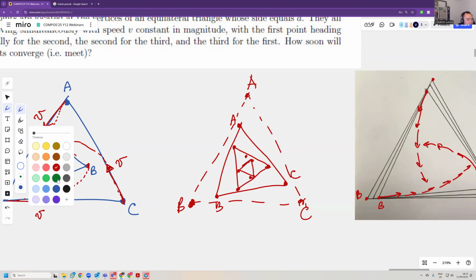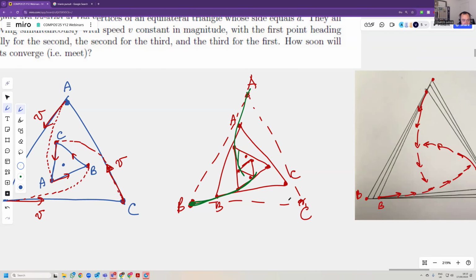And if you draw the line, B is spiraling. You can see this is the curve followed by B. This is the curve followed by A. And this is the curve followed by C. So they are sort of spiraling all the time.